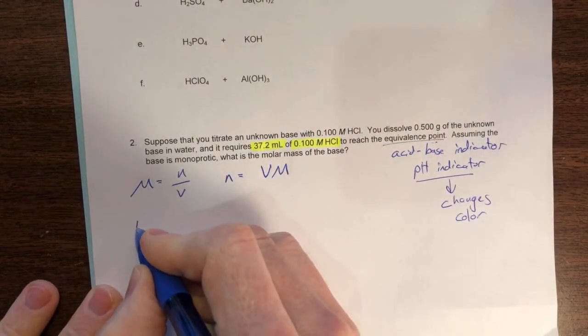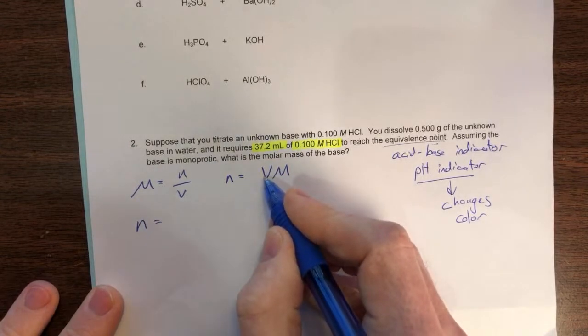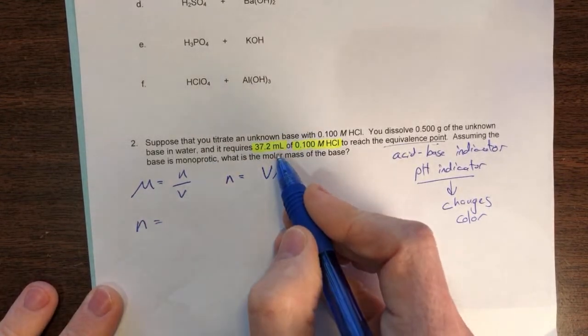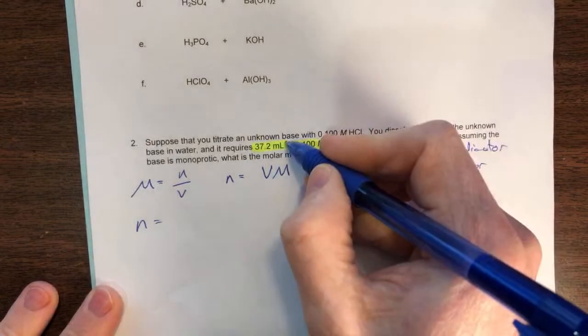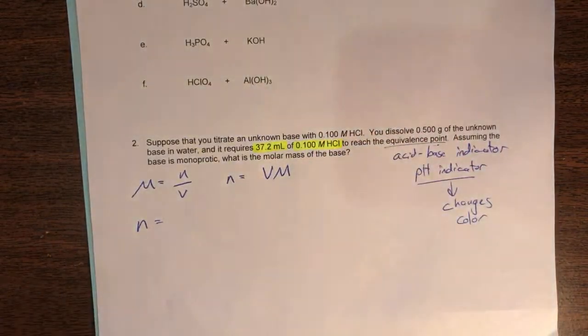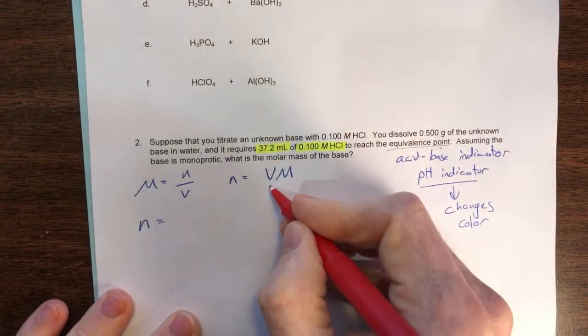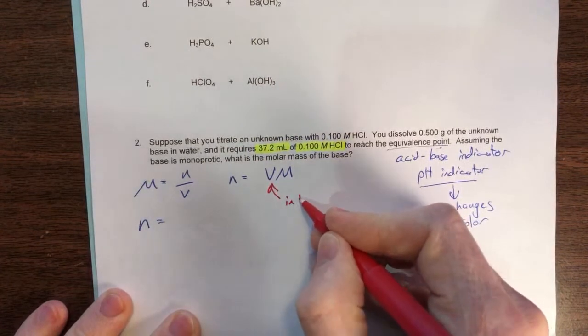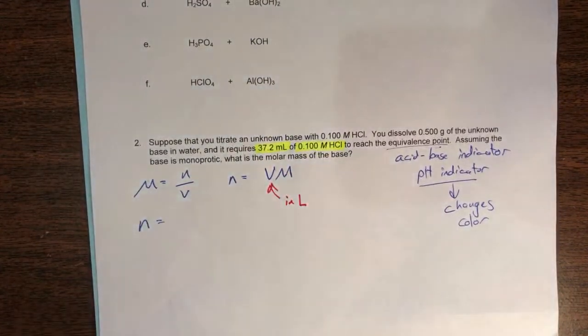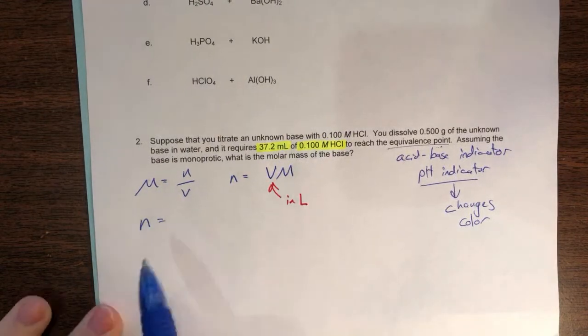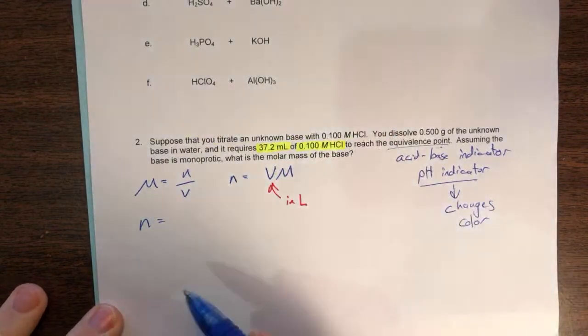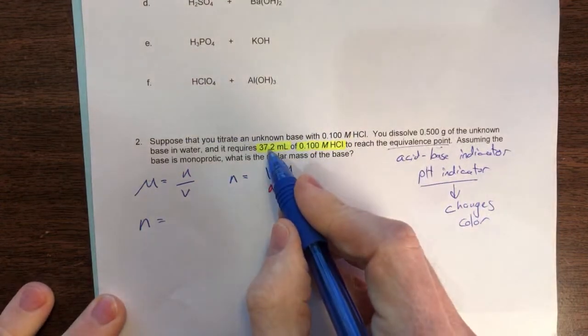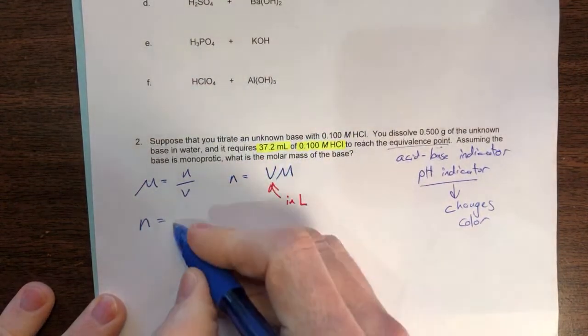So your N is going to equal your volume. Now, remember, this volume needs to be in what units? It needs to be not in milliliters, but in liters, because your molarity is in moles per liter. So we need to make sure we convert that volume to liters, just like we've been doing for all the other problems. So we're going to take that decimal point, move it 1, 2, 3 spots to the left.